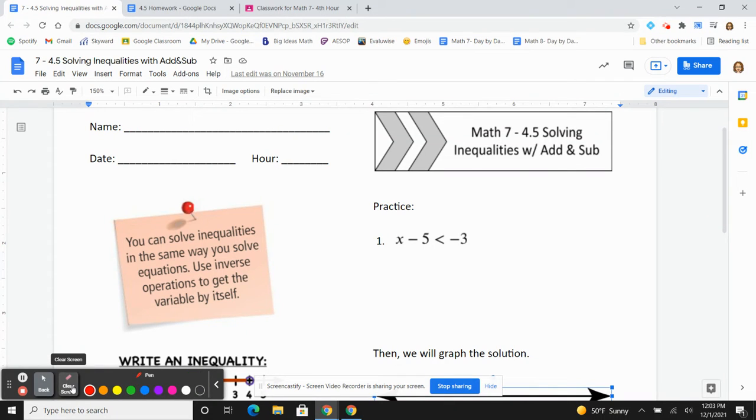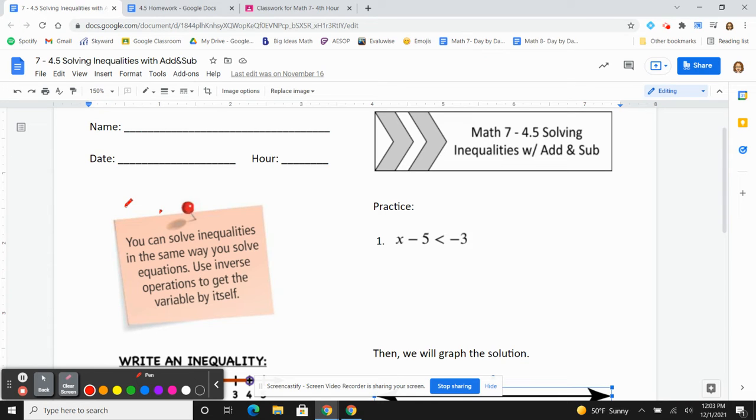Okay, so we're starting 4.5 today, where we're going to be solving inequalities. Any volunteer to read this little sticky note for me? Nice and loud. Emma. You can solve inequalities in the same way you solve equations.